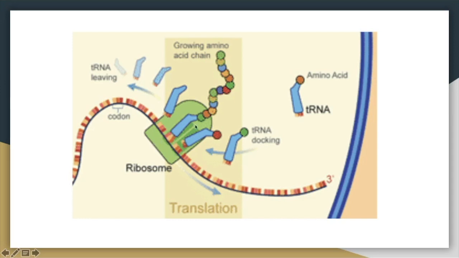And tRNA bring the actual amino acids to this ribosomal complex, which ultimately results in a prolongation of our amino acid chain. And once we have our amino acid chain, this is called a primary structure. It goes to secondary, tertiary, quaternary structure, and then we have our protein.